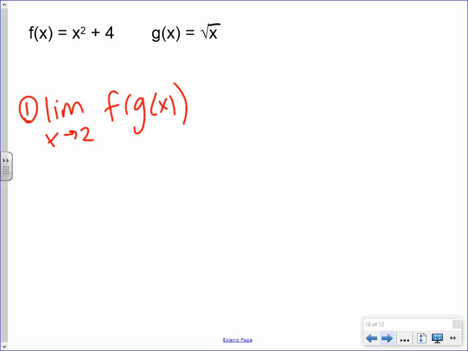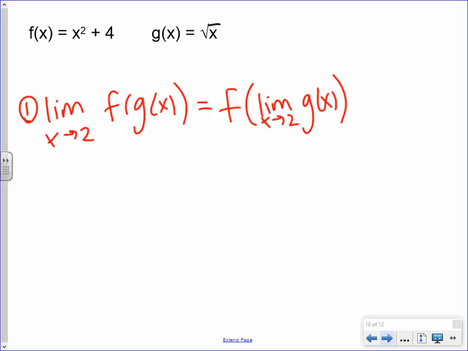So the first one we'll do is the composition. Okay. You can notate this one of two ways. You can notate this as f of the limit as x approaches 2 of g of x. So we can think about doing that inside limit.